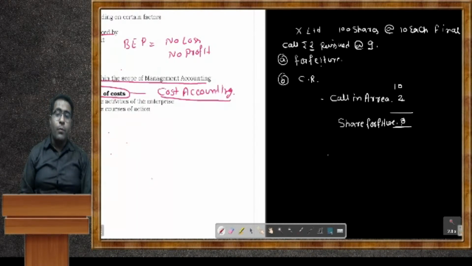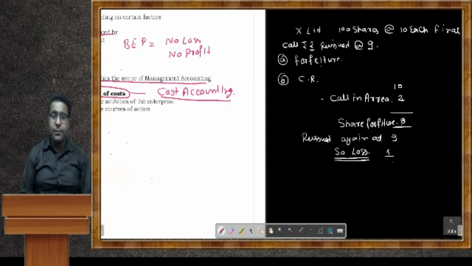Now these shares were reissued again at 9. So there is a loss of 1 rupee. Earlier there is a profit of 8, now there is a loss of 1 rupee.